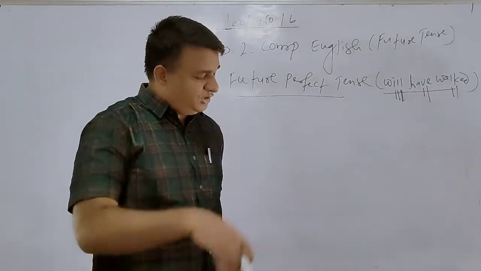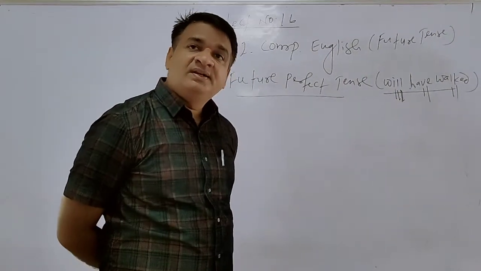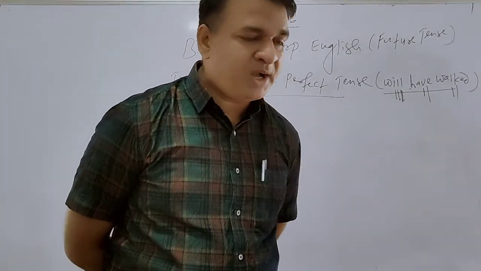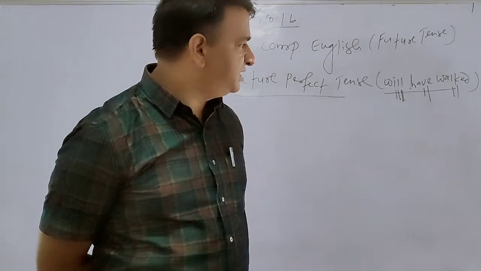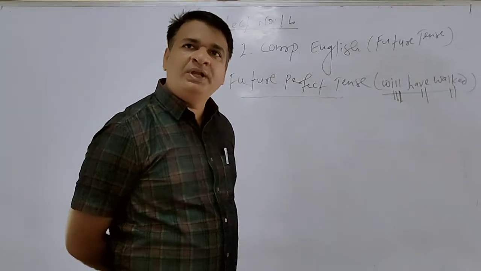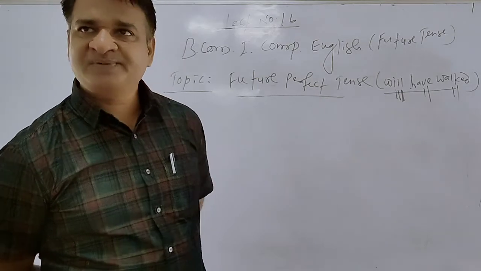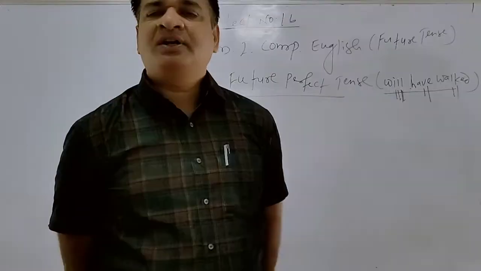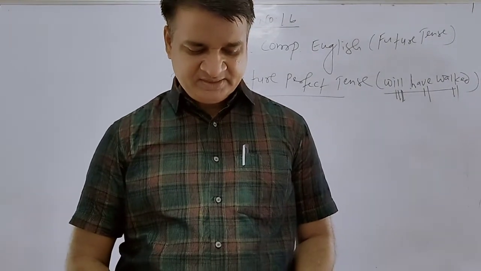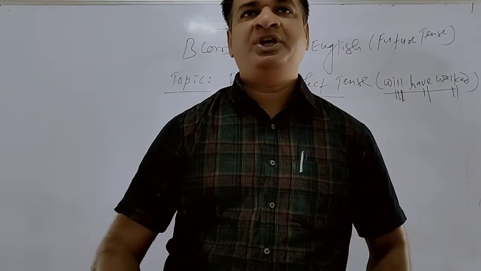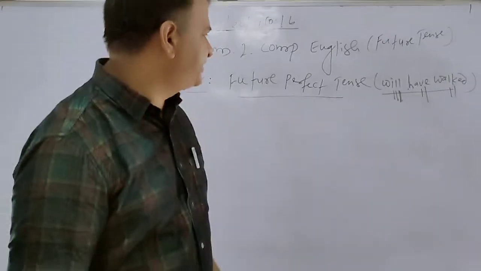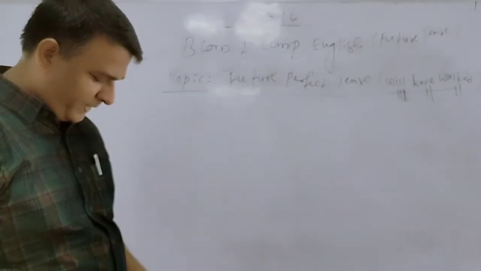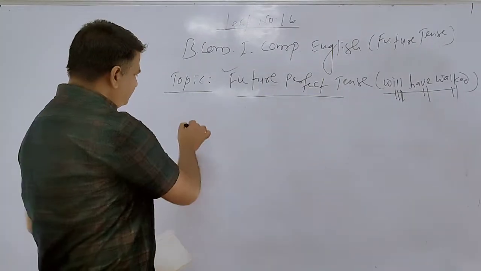So just as the present perfect tense gives detailed information about an action completed in the past, the future perfect tense, will plus have plus past participle, discusses the action which will be completed in the future. Future plans and future action information is well given through the future perfect tense. We will see one example of this type.